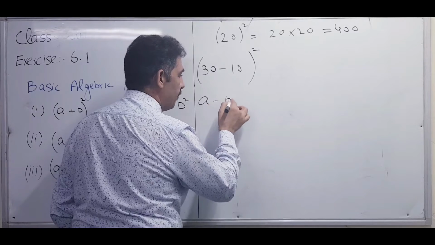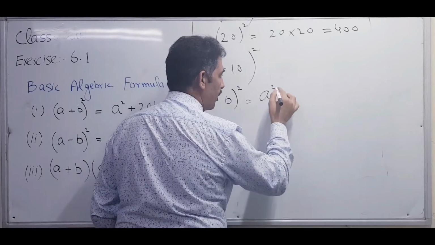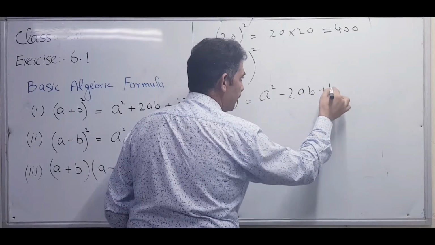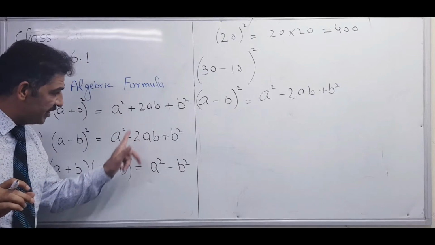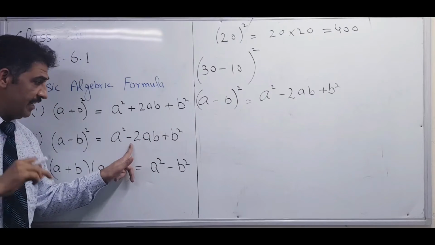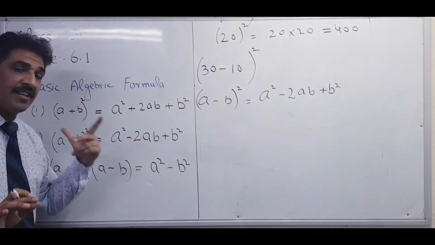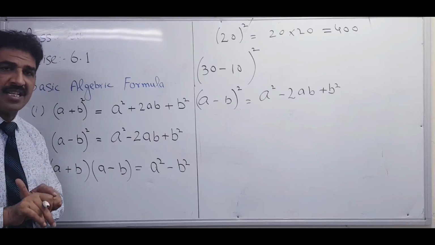A minus b whole square is equal to a square minus 2ab plus b square. When the negative formula is used, just change the sign of the multiplication by 2ab. The first and the last sign will be positive. The center sign changes. The sign with the 2 multiplication must be changed, the rest remains the same.